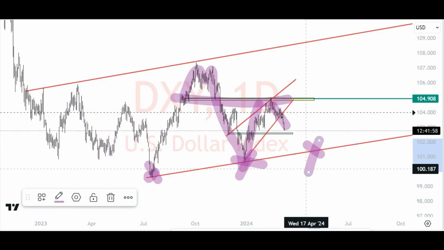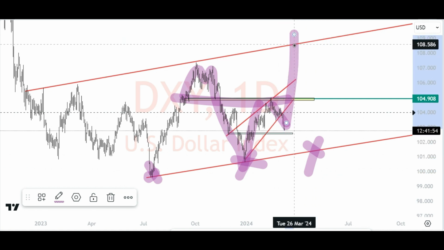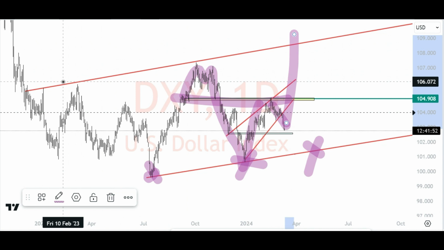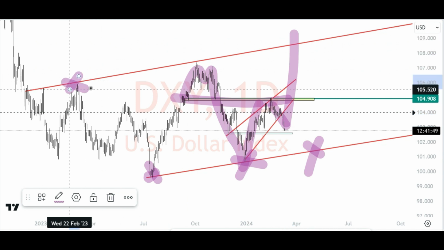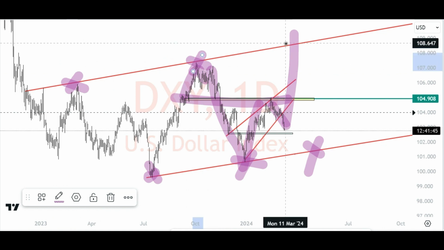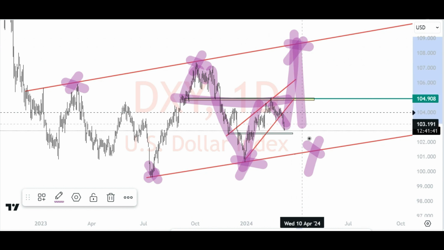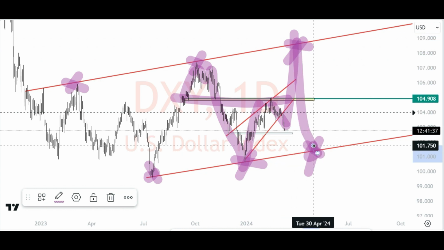So this would be the first touch, second touch, so it has to create a third touch, come down, create this third touch right here, and then go back up.